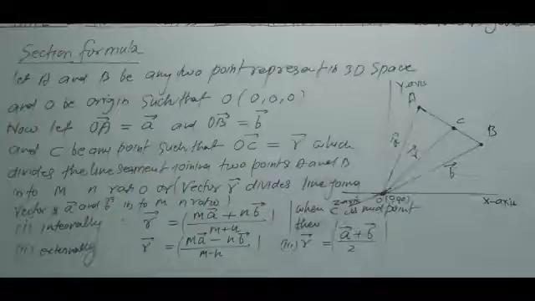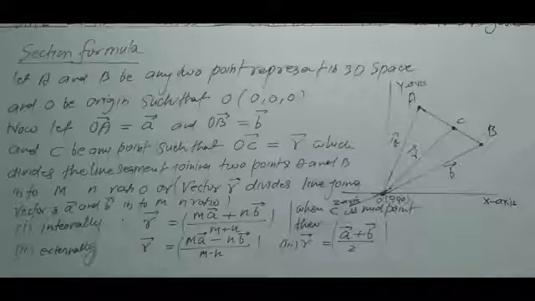In straight lines you have already discussed the section formula, but in terms of the Cartesian coordinate system. In the vector system, the format will be m times A plus n times B whole upon m plus n, and m times A minus n times B whole upon m minus n.